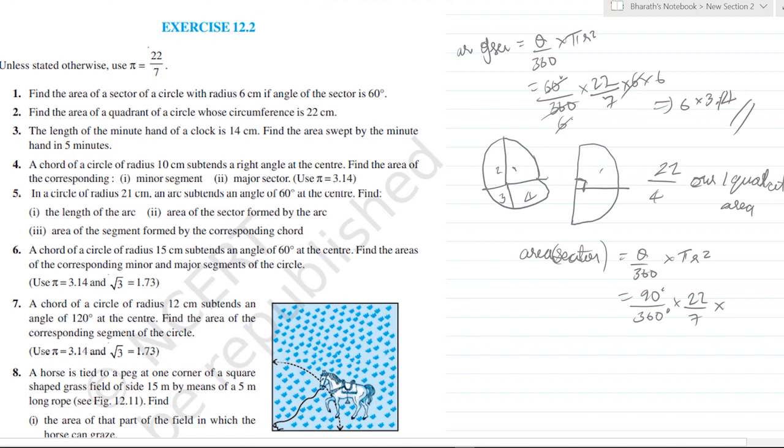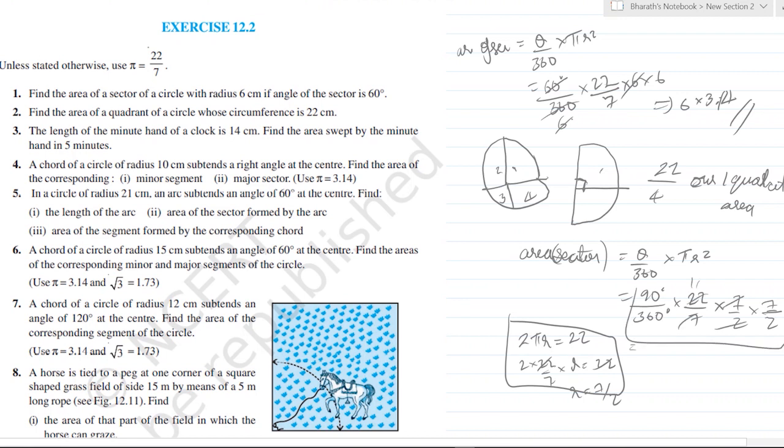So in this case, the circumference of the circle is 2 pi r is equal to 22. 2 into 22 by 7 into r is equal to 22. So r is equal to 7 by 2. 7 by 2 into 7. This part you should do before itself. Fine. I didn't do it, I forgot it. So 7 and 7 cancel, and calculate and see what the answer is. Fine.